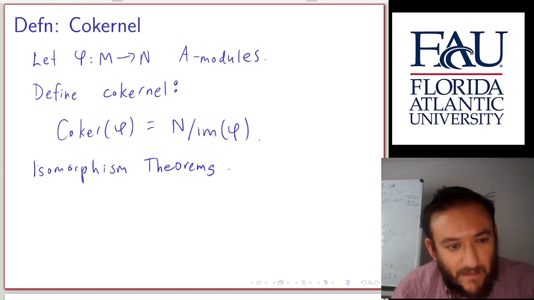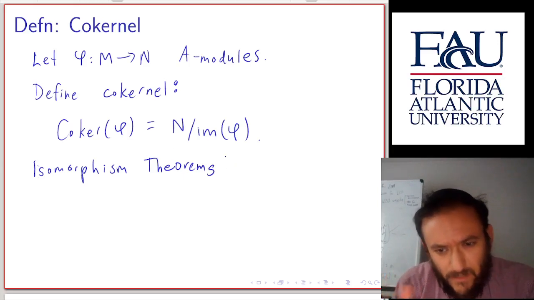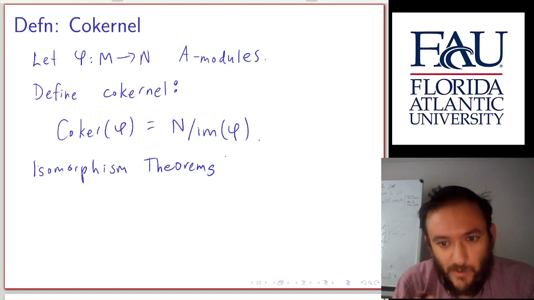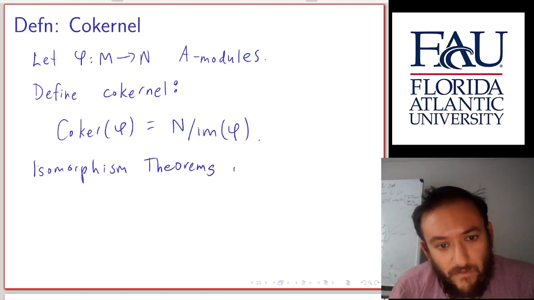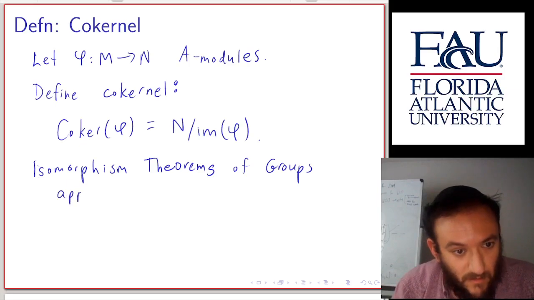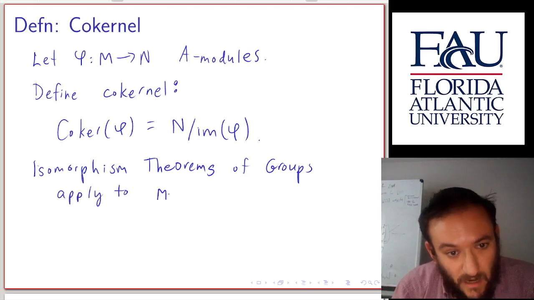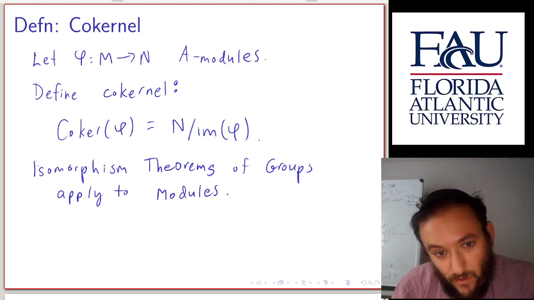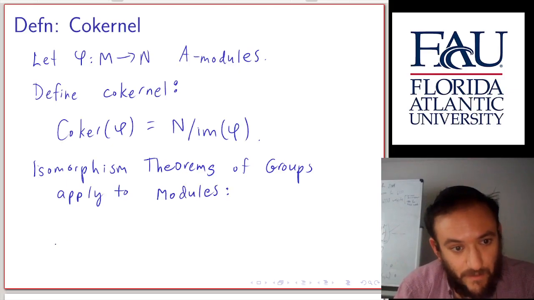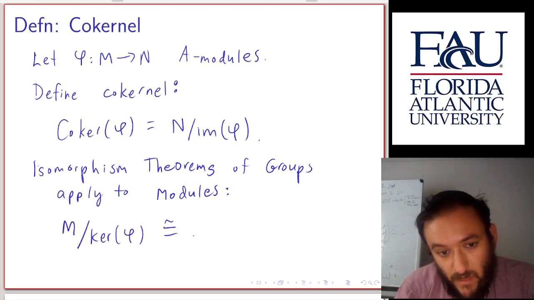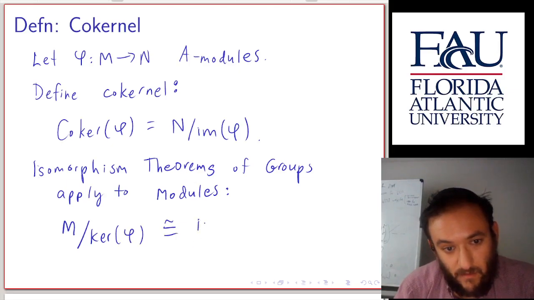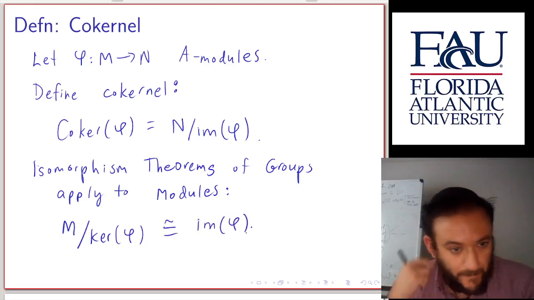So I think that she wasn't the original one to publish them, but she did the most with them. So these are the isomorphism theorems of groups, and they apply to modules. In particular, if you look at the quotient modules, you get M mod kernel of phi will be isomorphic as a module to the image of phi.